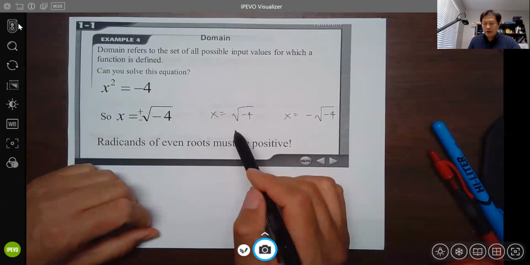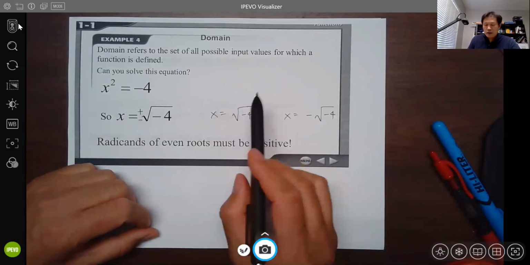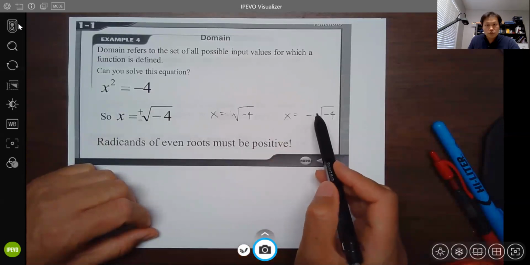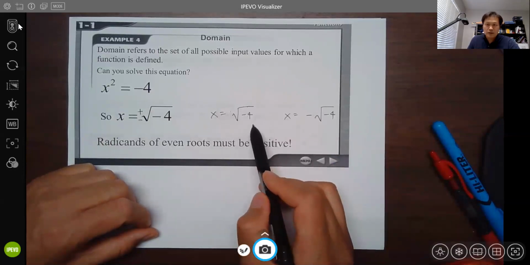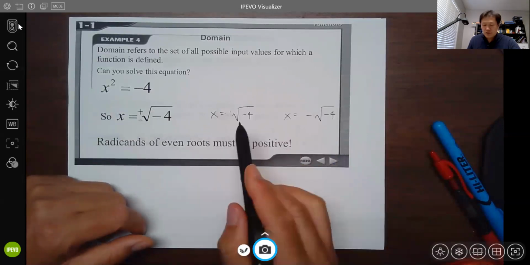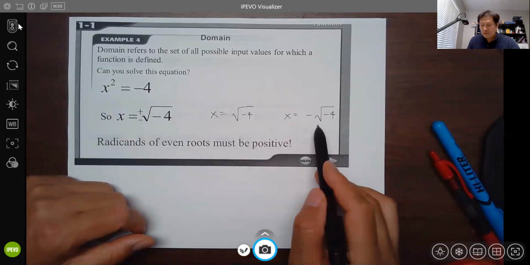So if you think about it, square root of minus 4, if the index is even, the inside of the square root cannot be minus. Then we are dealing with imaginary numbers. So in the real number system, this is not a real number.